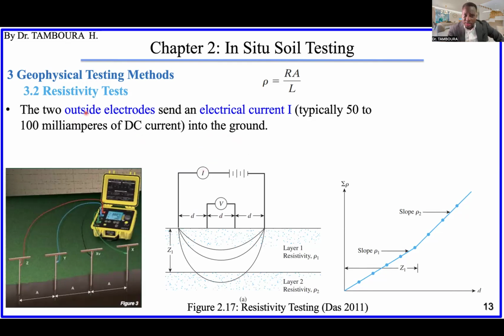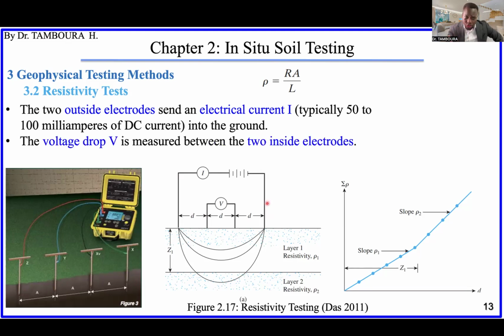So you send this current into the ground using the outside electrodes, okay? And the voltage drop V is measured between the two inside electrodes, this one and this one. We want V here, the voltage here. This device will measure this for you.